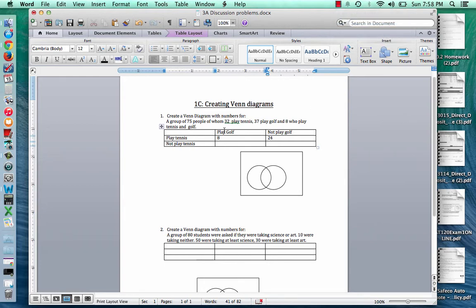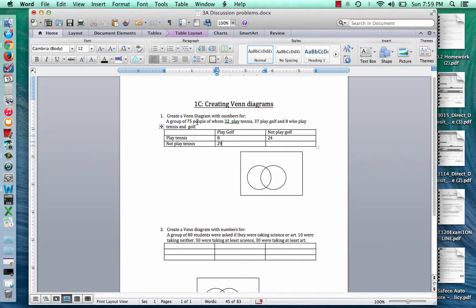Now we need to figure out the numbers for the bottom. Let's look at playing golf. We know 37 total play golf, but 8 of them also play tennis, so 37 minus 8 must be the number here. That's 29 that do not play tennis but play golf. The last number is the neither-nor.